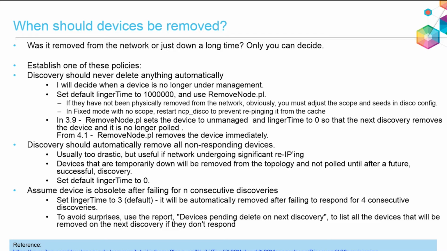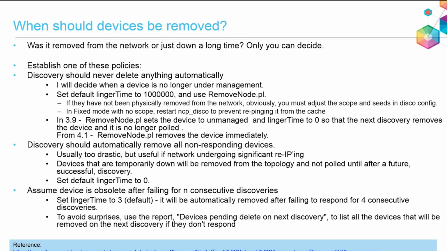And finally, the last one, which is what most people use, is some compromise between the two. You want ITNM to delete the devices, and the tool that we have is the number of discoveries. That gives you some sort of way of measuring the time frame, if you like.